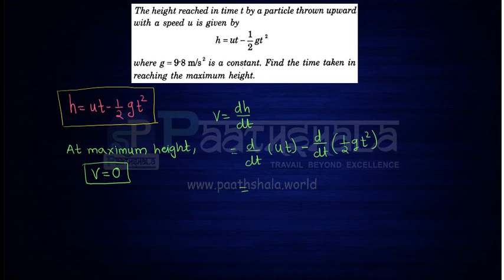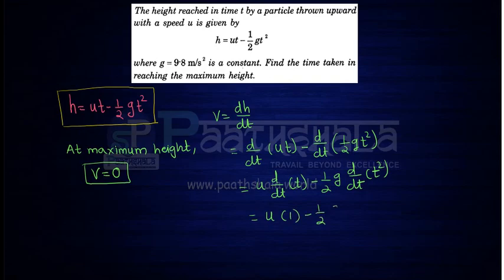Here u is constant, so let's take it out of the derivative. We will get the derivative of t only, minus half into g, which is also constant. Take it outside the derivative. We will get the derivative of t squared only. So we can write u into the derivative of t, which is 1, minus half into g, and the derivative of t squared is 2t.